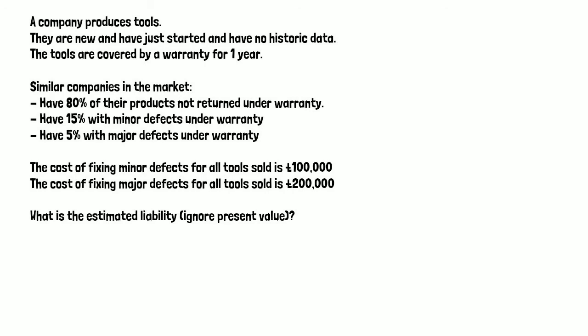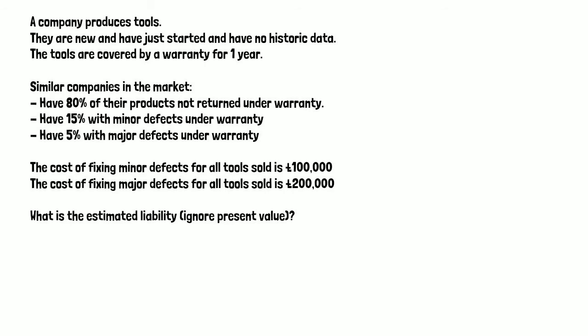Now, using industry information, the cost of fixing minor defects for all these tools that they sell is around £100,000. And the cost of fixing major defects for all tools sold is around £200,000.